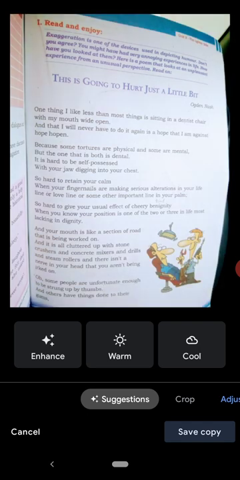Okay, right. So, other things. Once I read it: one thing I like less than most things is sitting in a dentist chair with my mouth wide open. Here I already said that. Who is "I"? "I" is the poet. You just imagine: suppose you are sitting in a dentist chair.